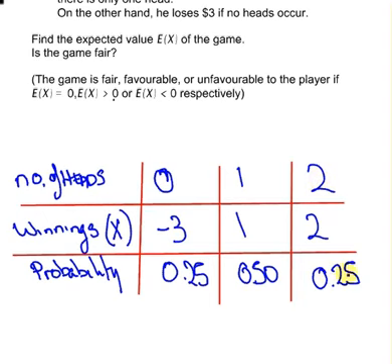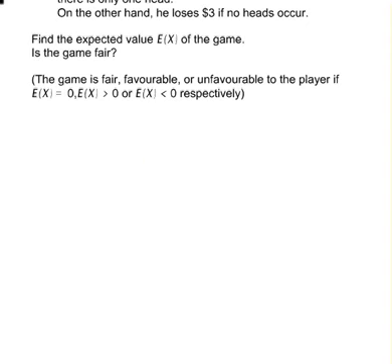So now we're going to compute the expected value using this table. What we have to do is write down the formula we're going to use, and that is the expected value of x is the sum of each outcome times the probability of that outcome.